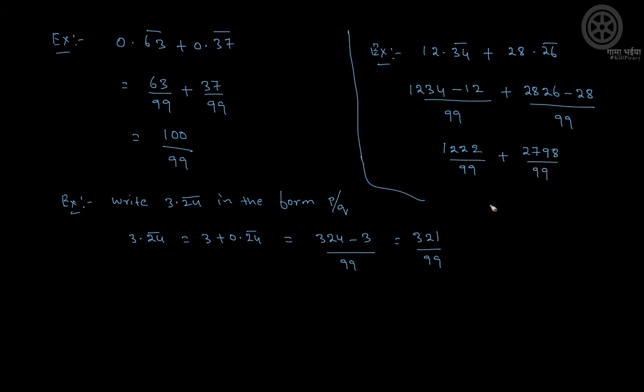Now add the numbers. What number are you getting? 4020 by 99, right? You can further simplify if you wish. So you can write 1340 by 33. 3 times 1340, so there is no 143, right? So 1340 by 33.